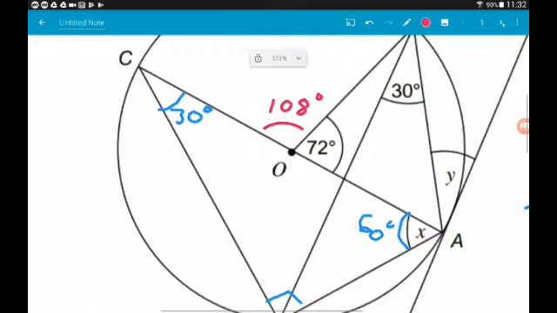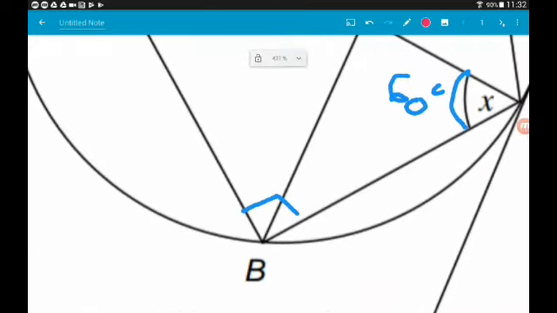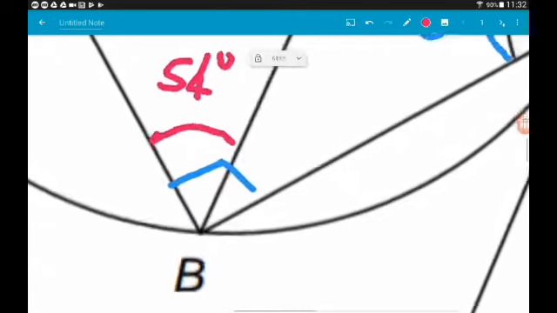So we know then that this angle at the tip of the arrow is 1/2 of 108, which is 54. Okay, now we know this whole angle down here at point B is a right angle, 90 degrees. So we can work out what the other part of the angle is by doing 90 minus 54, which is 36.